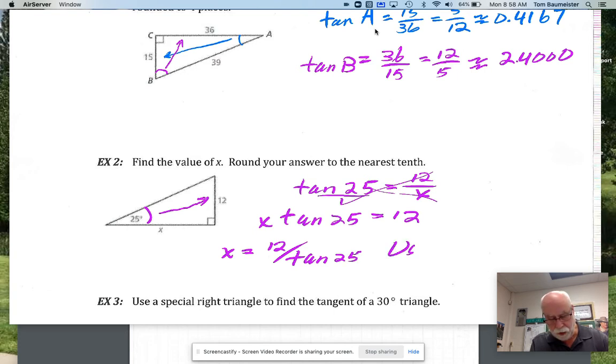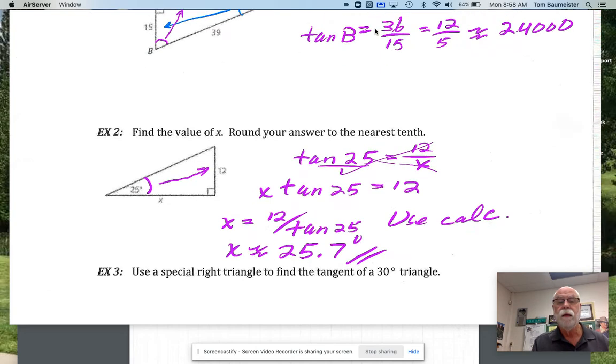So again, you're going to use your calculator. Please make sure your calculator is in the degree mode, because if it is, your answer would be approximately 25.7, because they said to the nearest tenth.